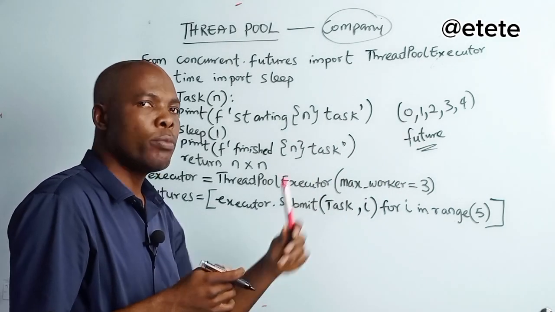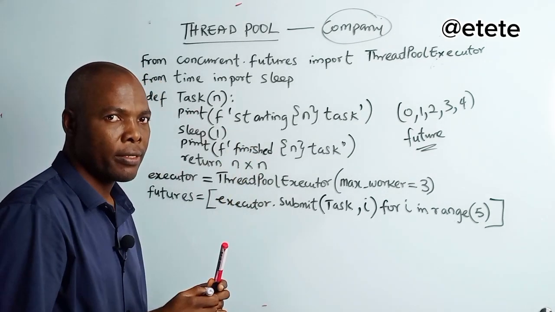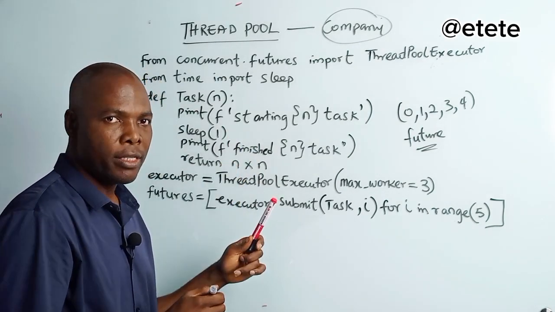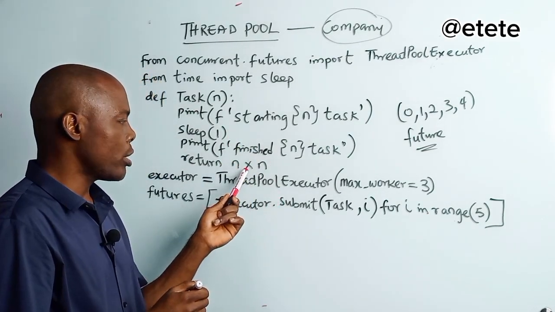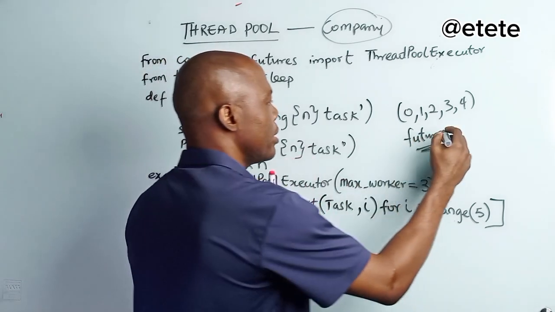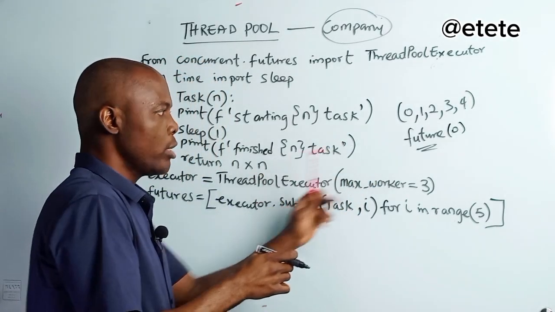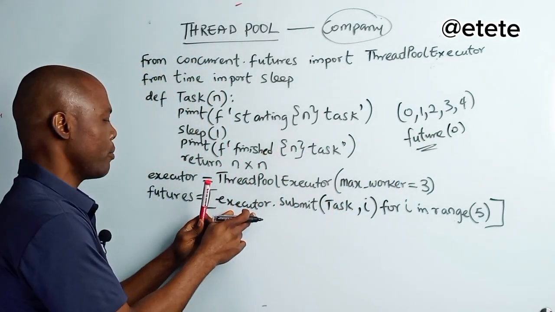And this future variable is going to hold the value of each of the tasks. So when this 0 times 0 is returned, it will store it inside this future object. So this future object will bring it here, right?